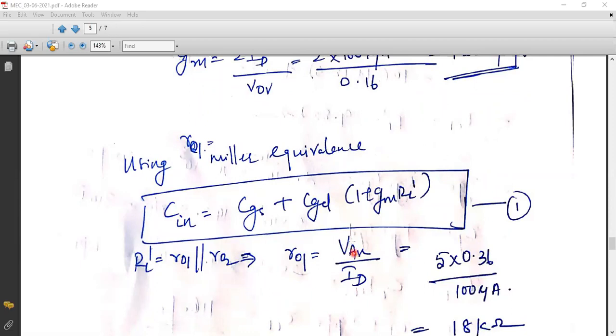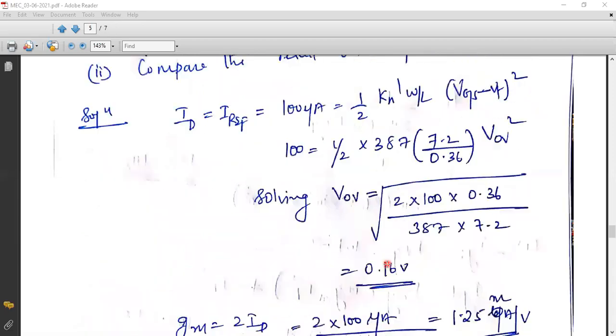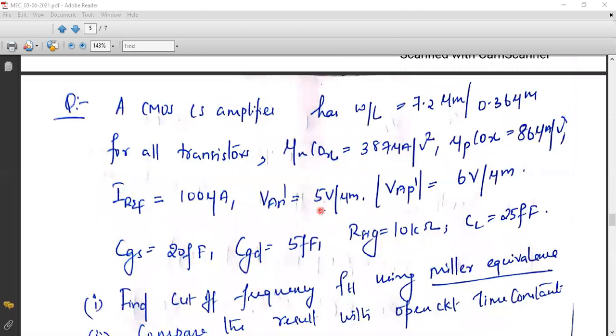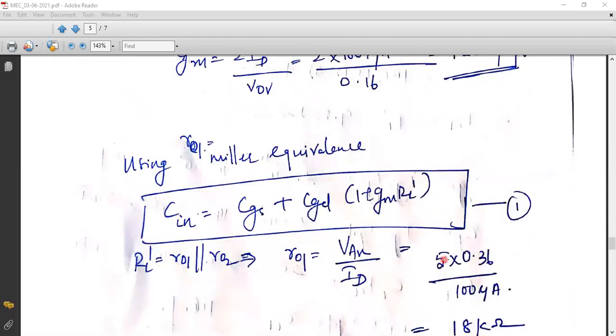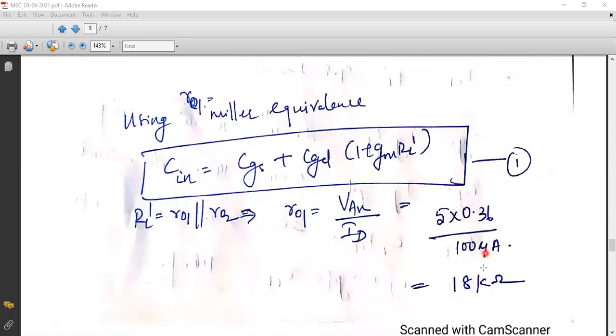And the total early voltage is equal to VAN dash. What is VAN dash? 5 volt per micrometer into the length. Okay, this is your length of the channel. We need to multiply the length with VAN dash so that you will get the actual VAN. So 5 into 0.36 by 100 will make 18 kilo ohm. Similarly, find R02 and let me know the answer for R02.